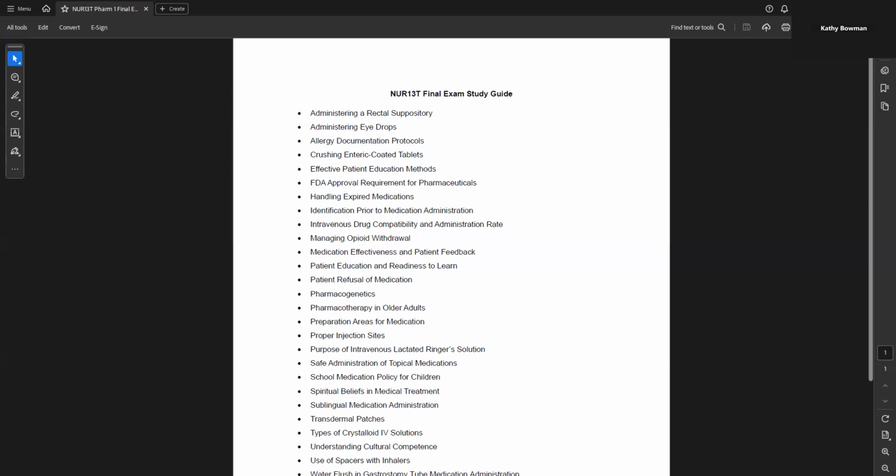So, good point. But there's also age specific, right? So pediatric versus adult versus older adult. Okay. And then you're going to think about culture. You're going to think about language barriers.